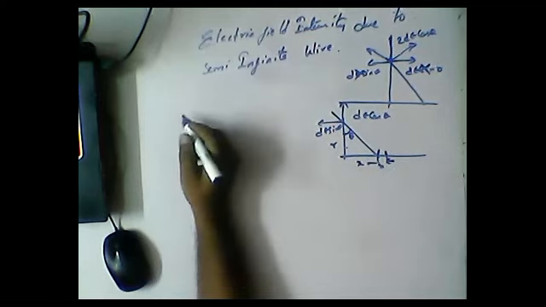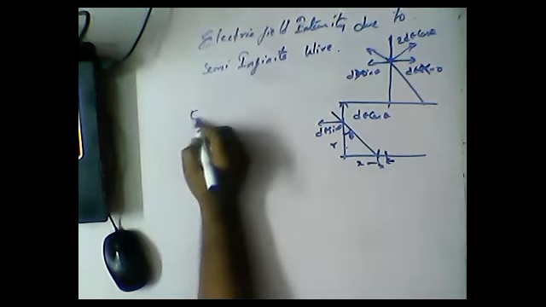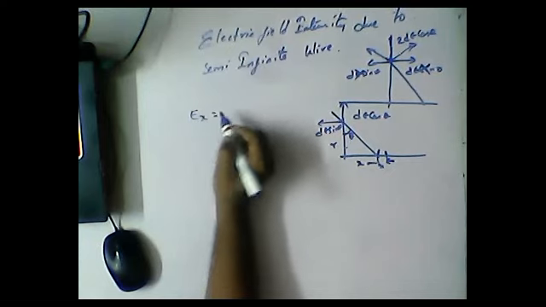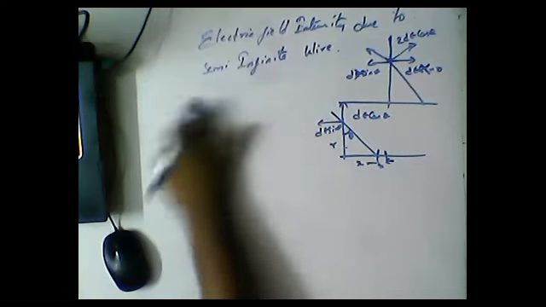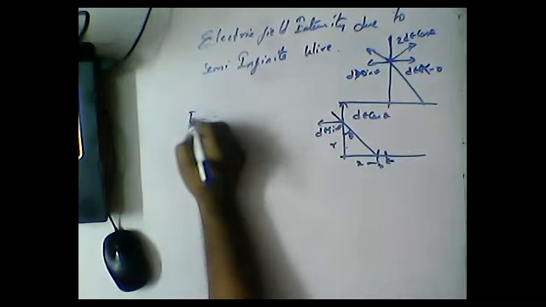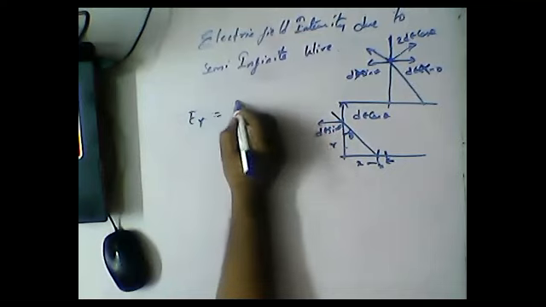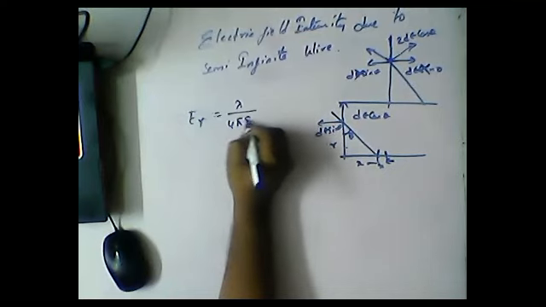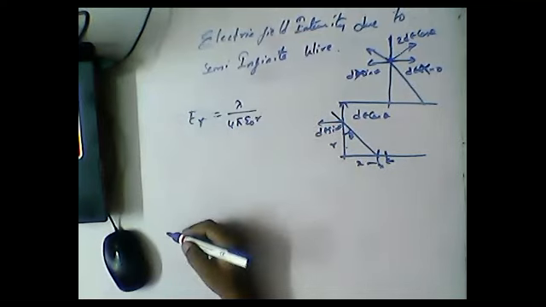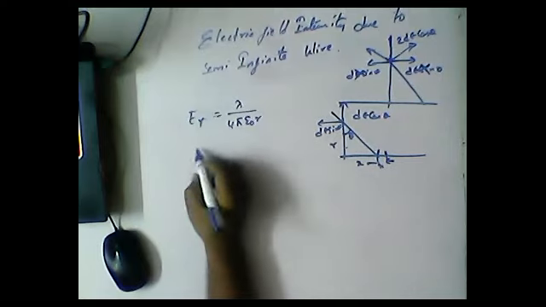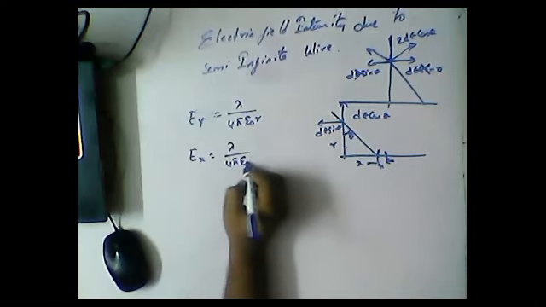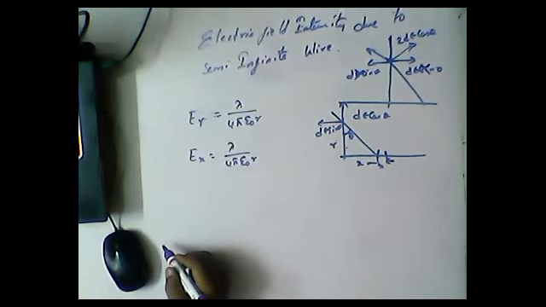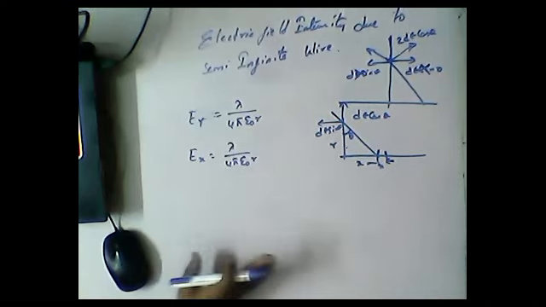This is dx. So we already know that Ey we got as lambda by 4 pi epsilon naught R. Similarly, if you solve the integration, we are getting the same value: Ex is equal to lambda by 4 pi epsilon R. We will get the same value, no change here.